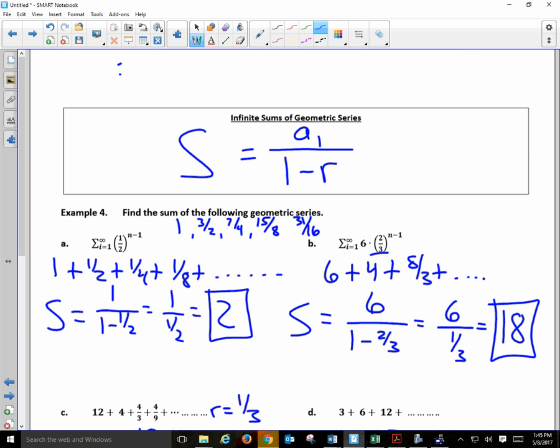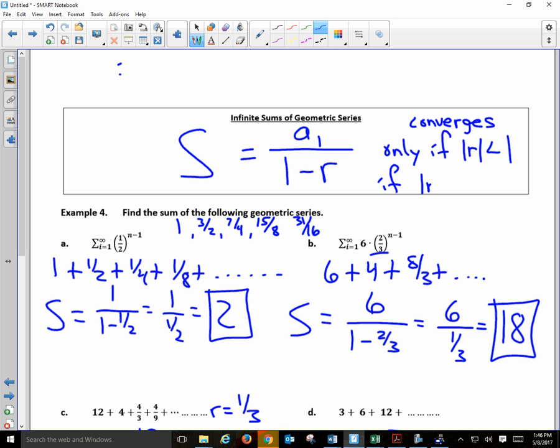So here's the deal. It converges only if the absolute value of r is less than 1. It converges, meaning it goes to a single number, if the absolute value of r is less than 1.